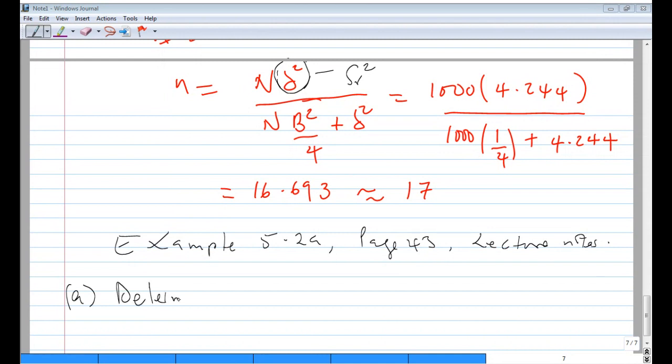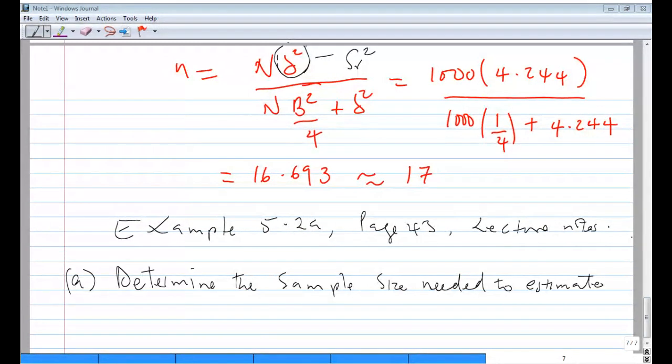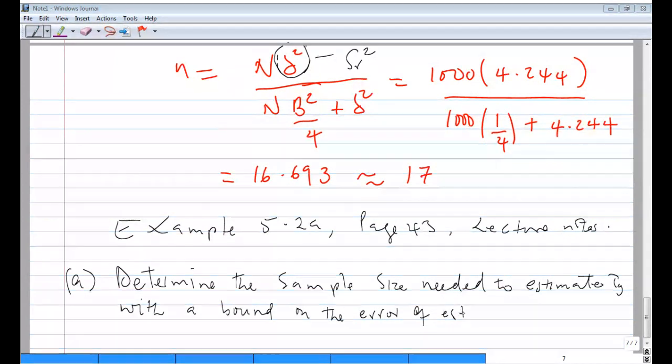It says: determine the sample size, which is the number of items needed to estimate tau y, the population total, with a bound on the error of estimation of magnitude B equal to $500.